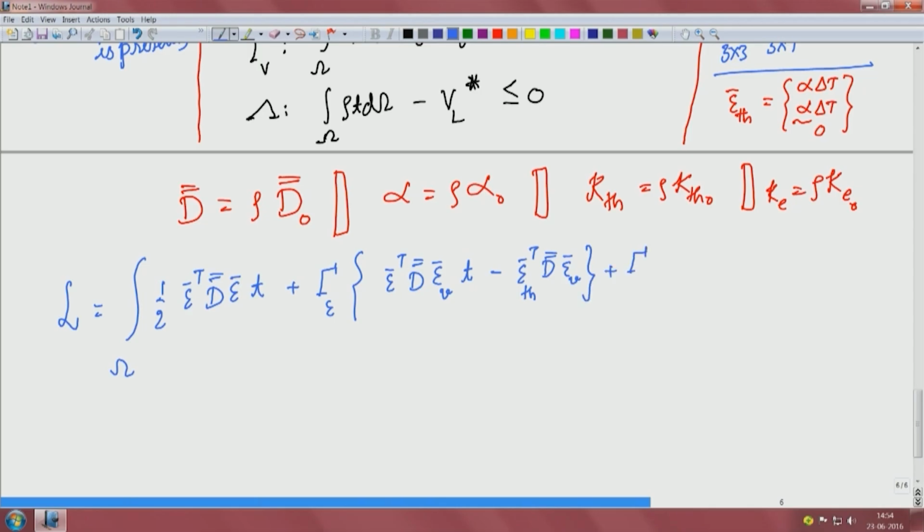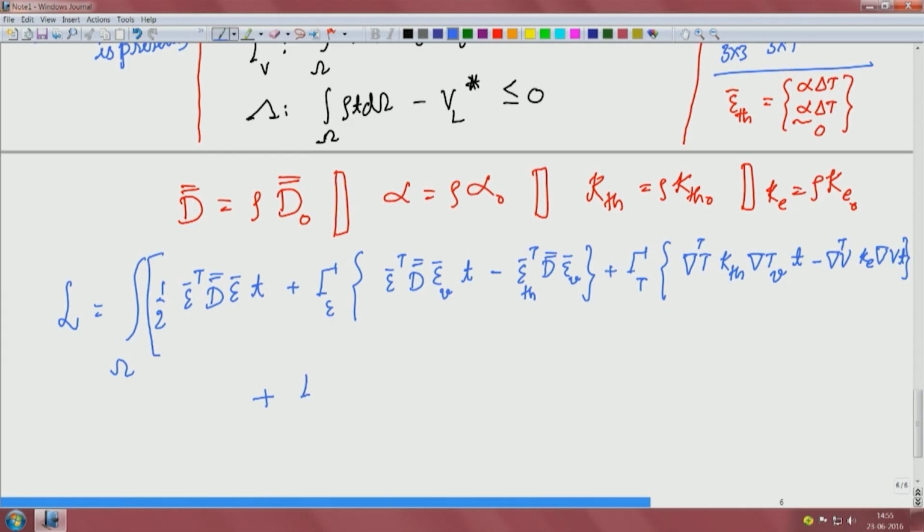Then we will have gamma thermal multiplied by del transpose Kth del T, and then del transpose Ke del V, that also will have rho, plus one more. All this is going to be the integrand.